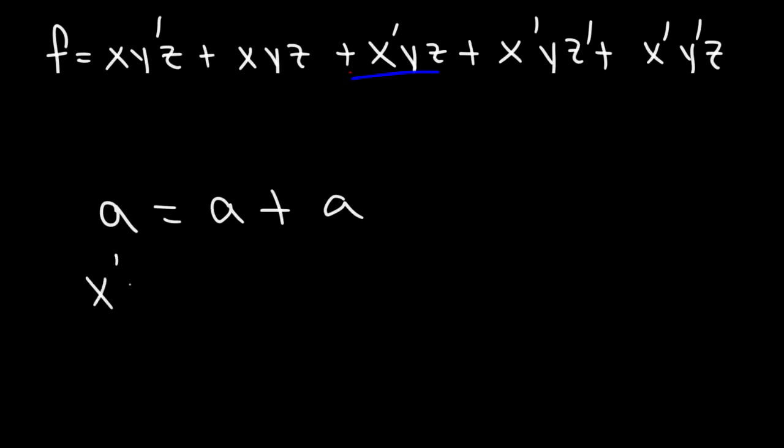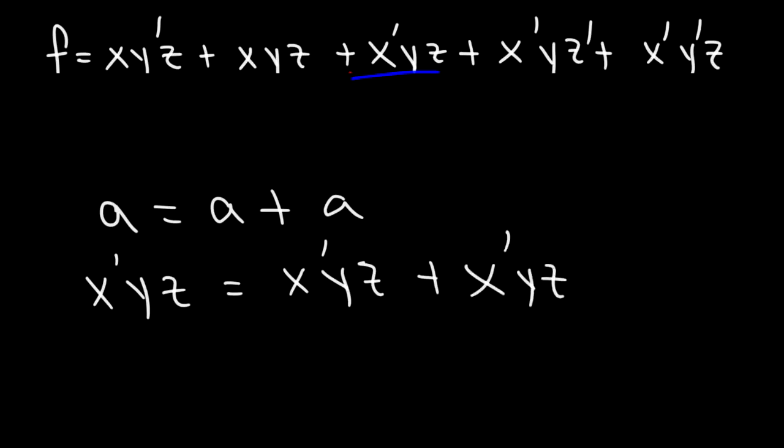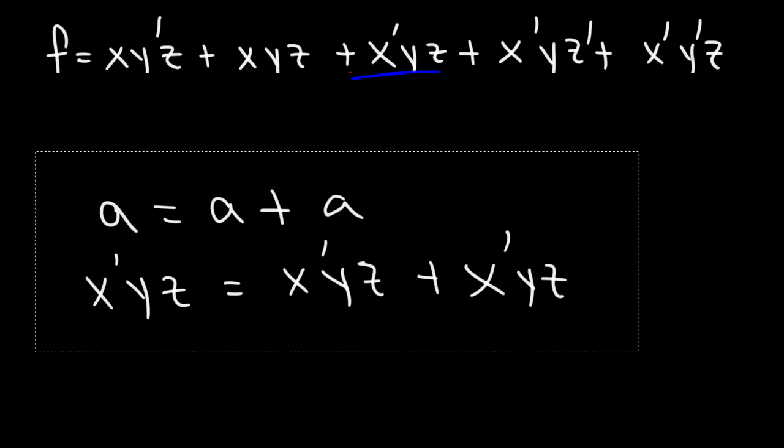So x prime yz, we can replace that with x prime yz plus another x prime yz. Now sometimes it makes sense to introduce another term, like copy it, because if you do that, it turns out you can simplify the function even further. And that's what we're going to do in this example.